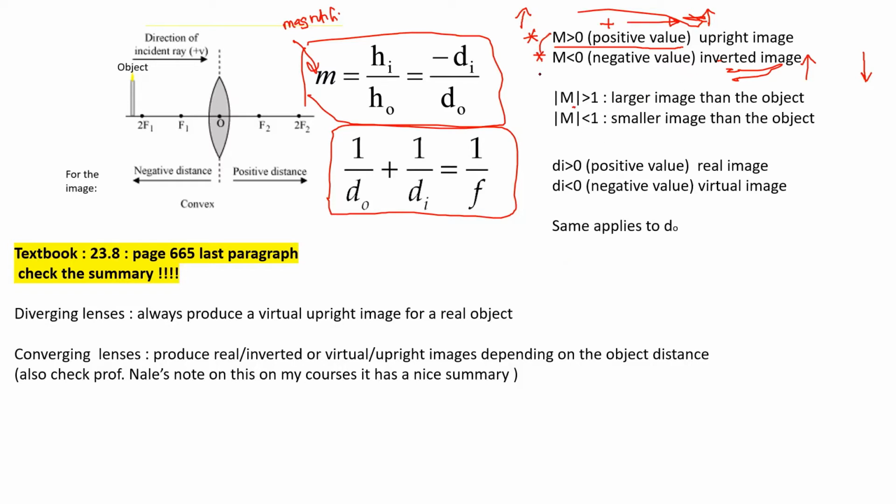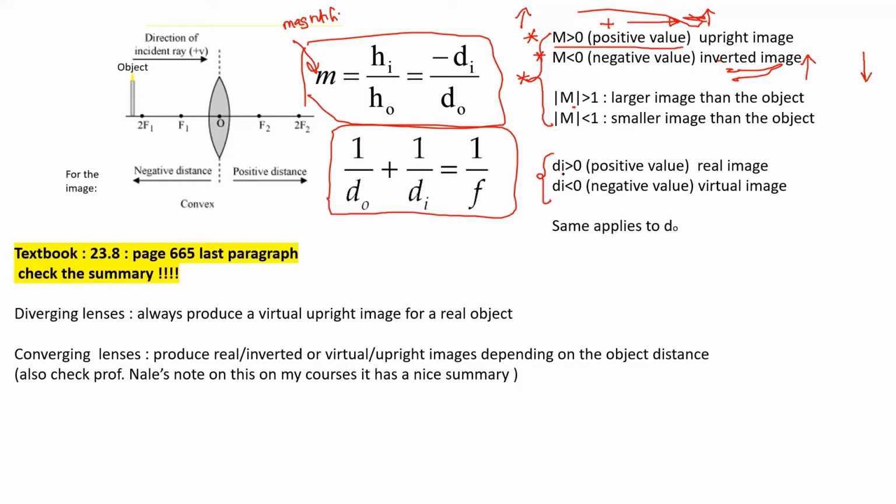So from M, what you can figure out is whether your image is upright or inverted, and the size of it, whether it's large or small. So how do you find whether your image is virtual or real? Using DI.